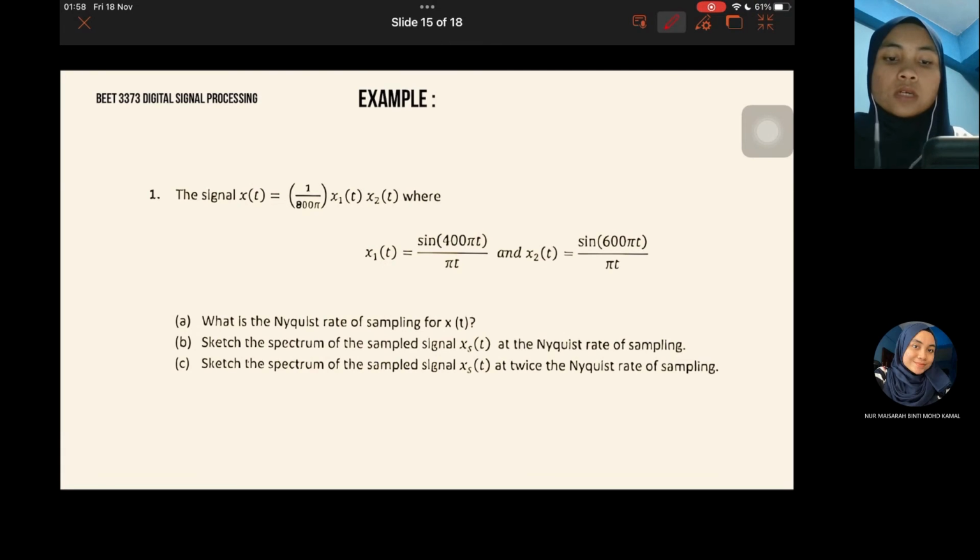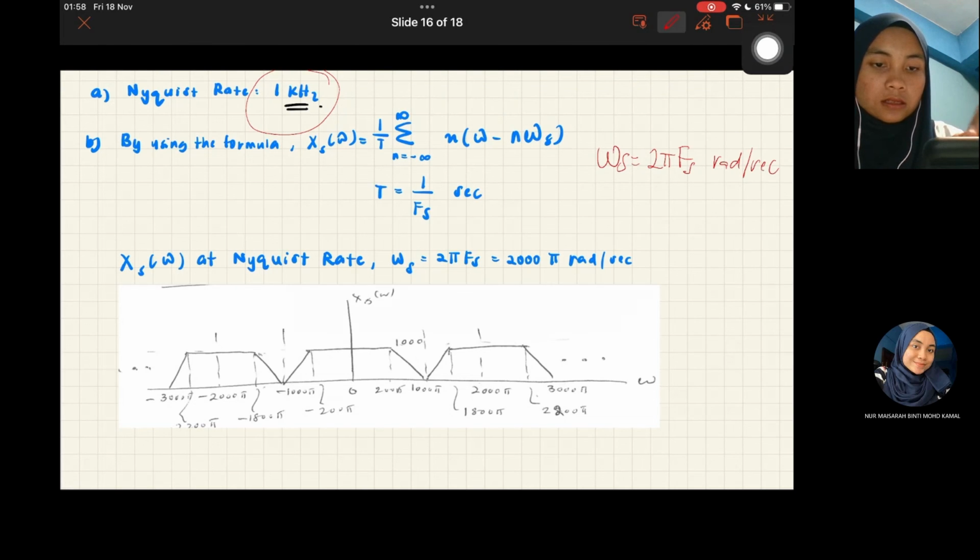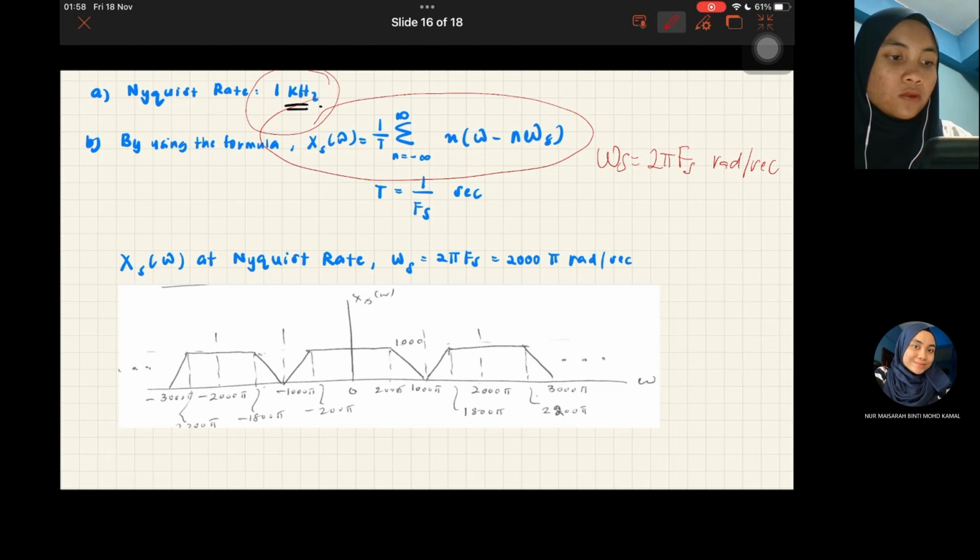If s(t) is sampled at the rate of Fs hertz, we need to use the radian frequency formula, which is omega s equals 2 pi Fs radians per second. Then we use this formula to get T equals 1 over Fs seconds.